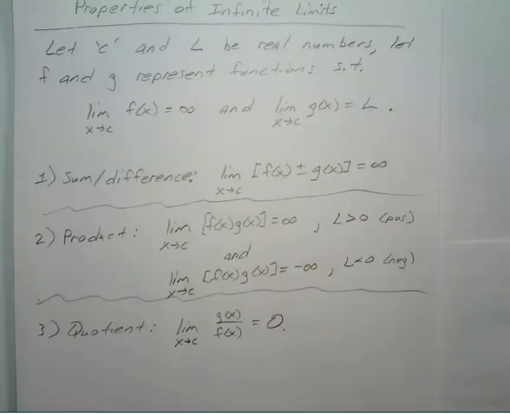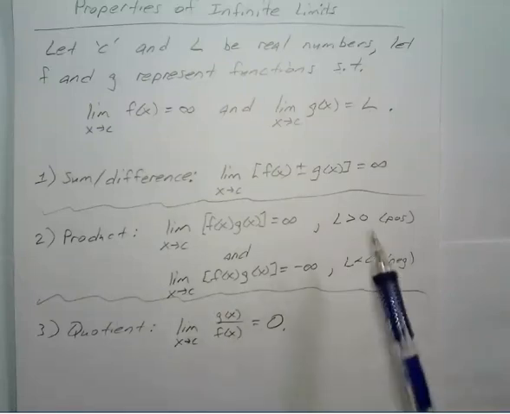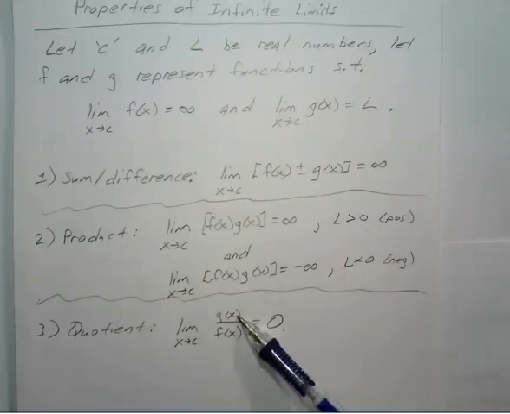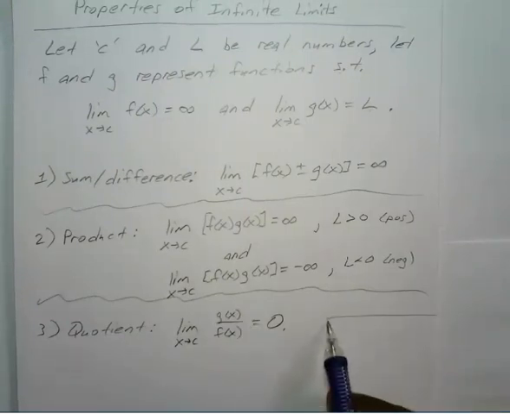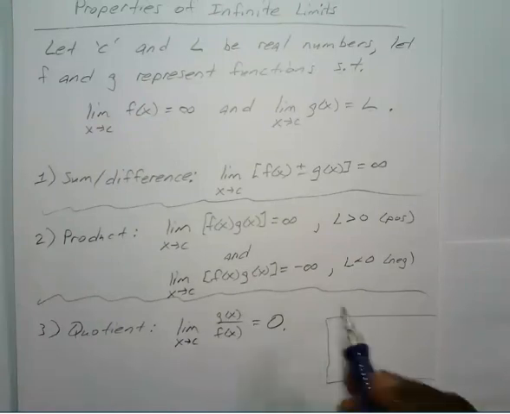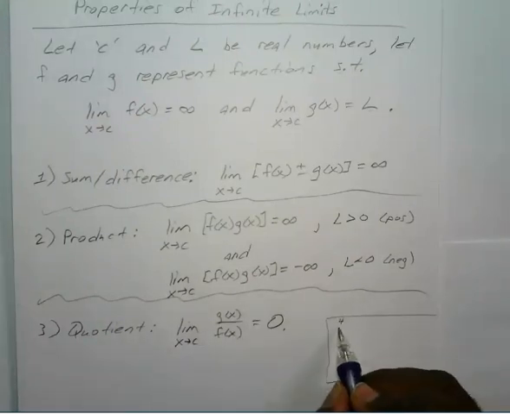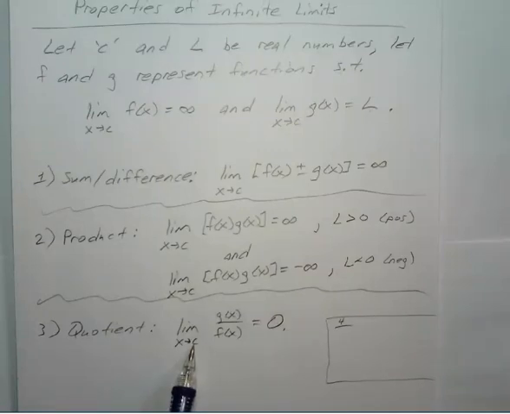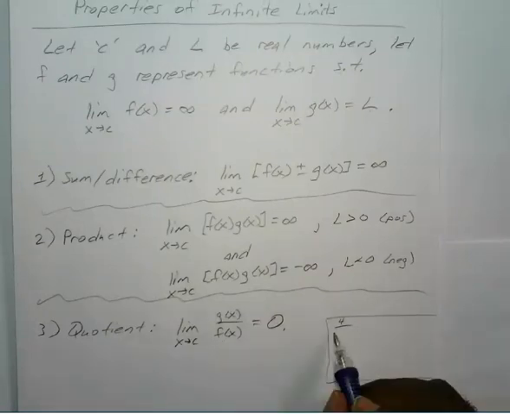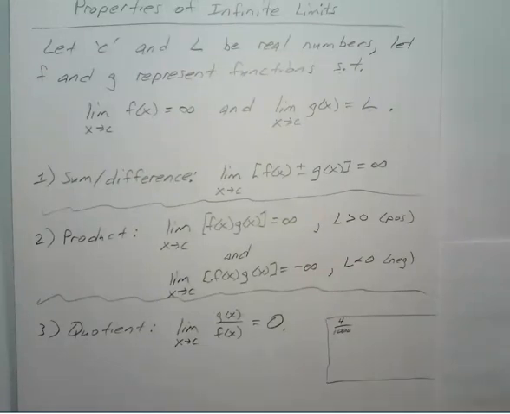So if you have a limit in your numerator, let's say the limit of that is 4. I'll just write this out here. And let's say the limit in the denominator just keeps getting bigger and bigger. So you have 4 over 1,000.